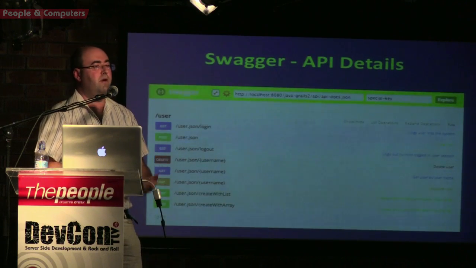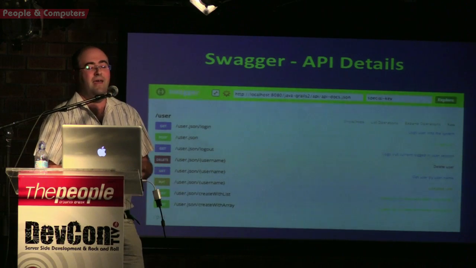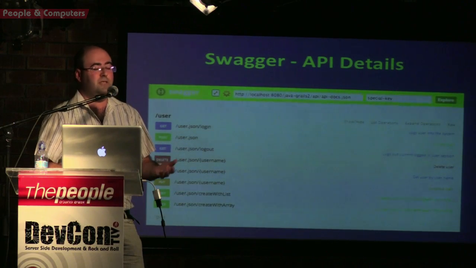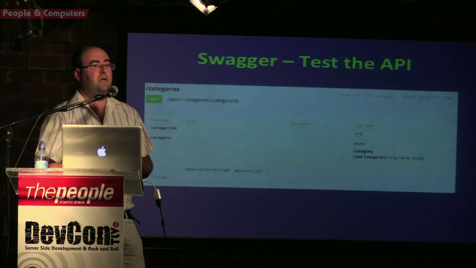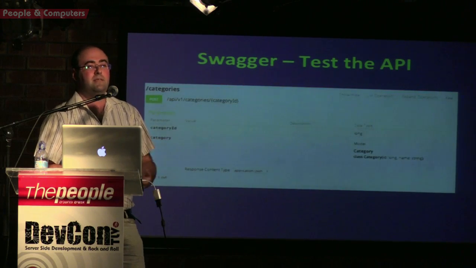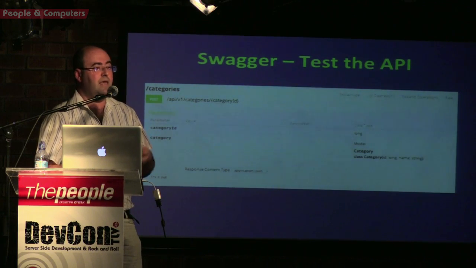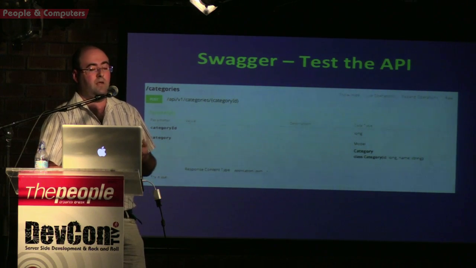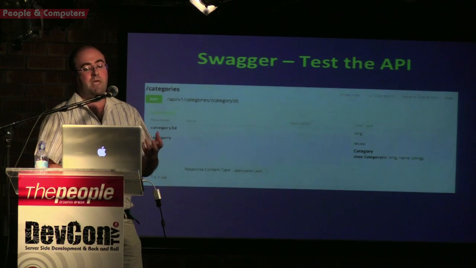Okay, then you drill down to the actual API, and you see the list of the operations. For each and every operation, you can see the parameters, what the types of the parameters are, and what the return types are. And what is also interesting, you can try your API right away. The default built-in Swagger UI provides a form which is built automatically, and you have an input for every API parameter.